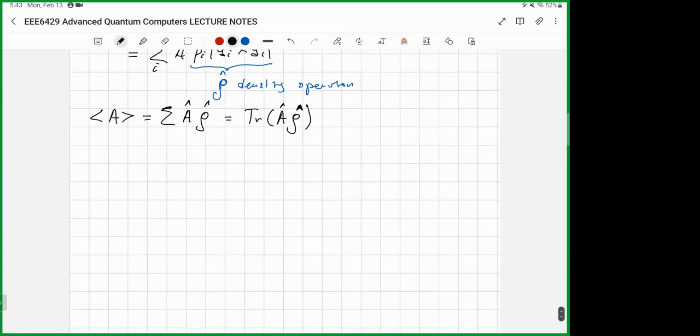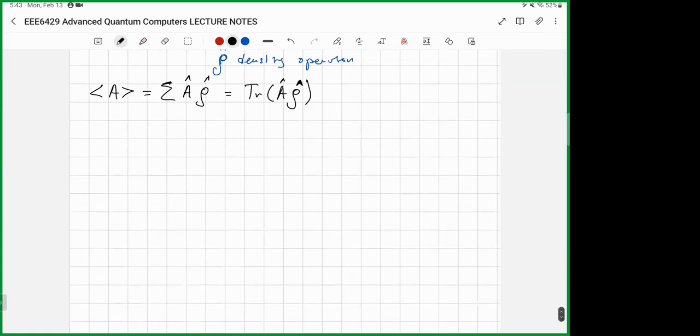The trace. So let's write this again because this is quite an important formula. The expectation value of any quantity can be found by taking the trace of the operator A with the density matrix.